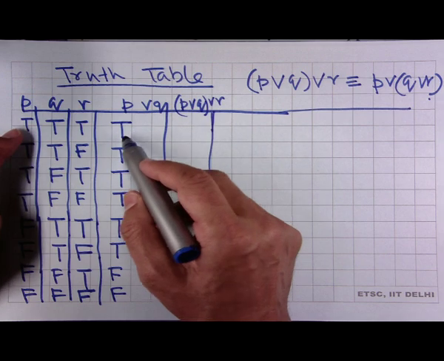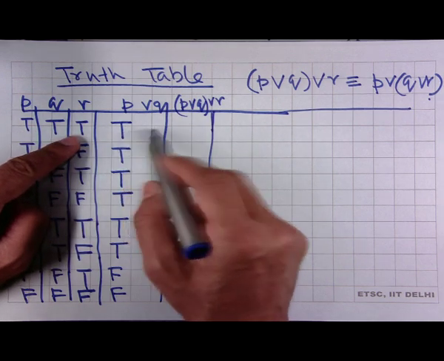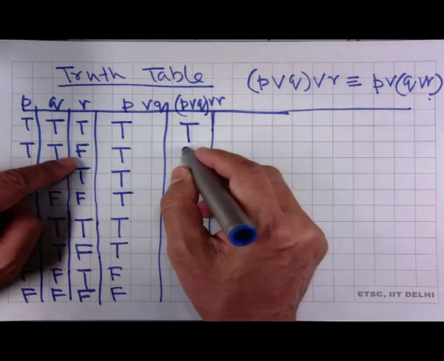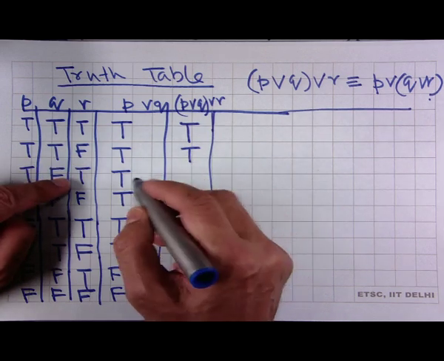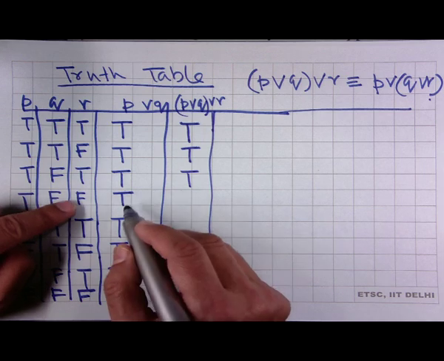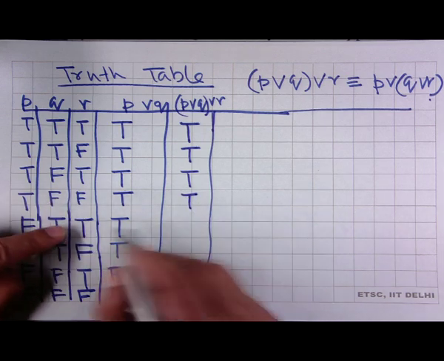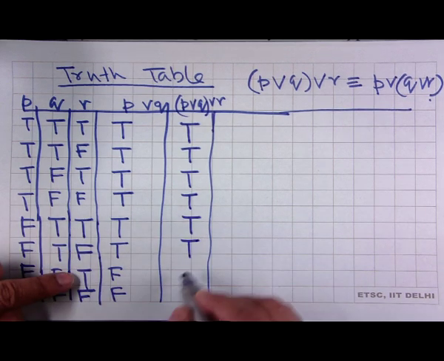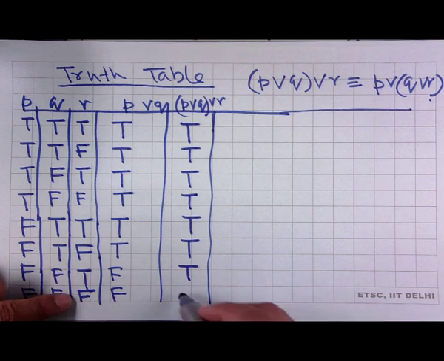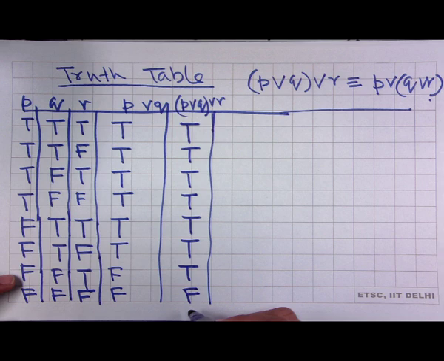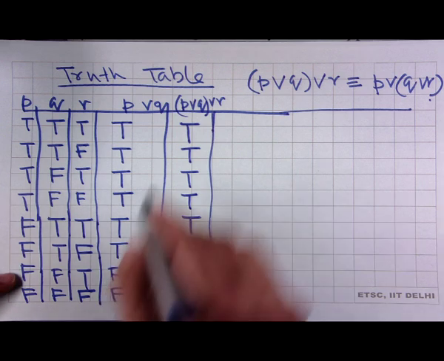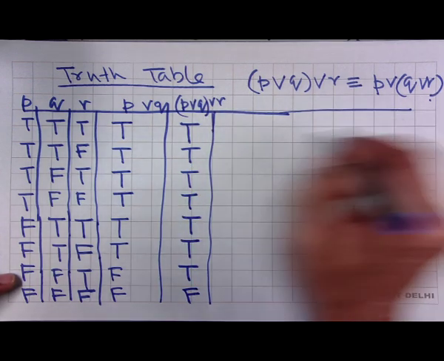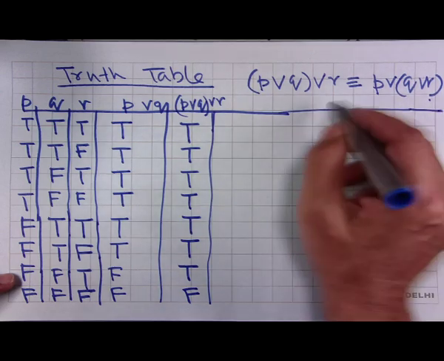We will OR between R and P or Q. So, here it is T T, therefore, T, T F, this is also T, T T, it is T, F T, again T, T T, T. Now, F or T, T, T F, T, F F is F. So, this is the only point where (P or Q) or R becomes false. Now, we look at it from the other side.